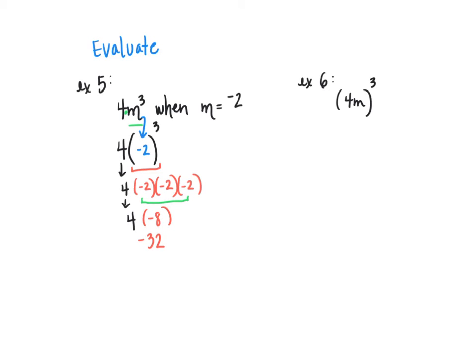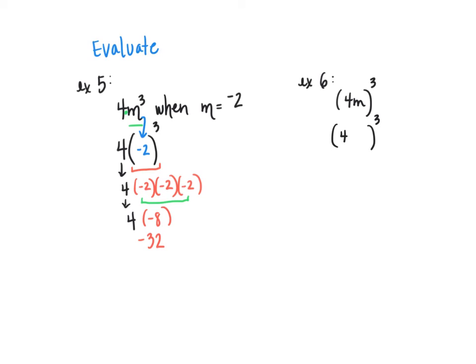All right, look at number 6, and it's similar, but what is going to the third power? The entire quantity, all of 4m. Whatever 4m is going to go to the third power. So anytime you're substituting, I still like you to put parentheses.